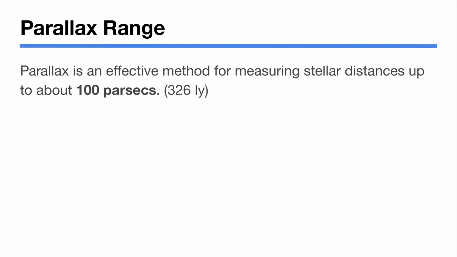Other parallax trivia: it's pretty good for close stuff, but the further away something is, the parallax is too small to measure after about 100 parsecs or 300 or so light years, which space-wise is very, very, very not far. But there's a ton of stars within that distance.